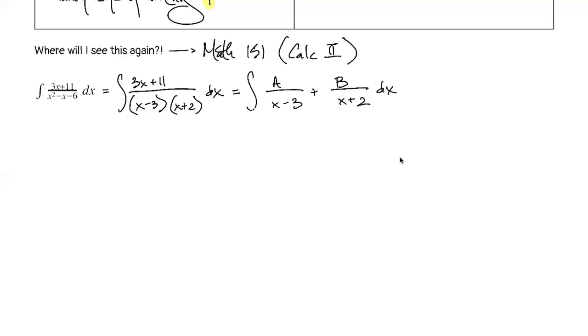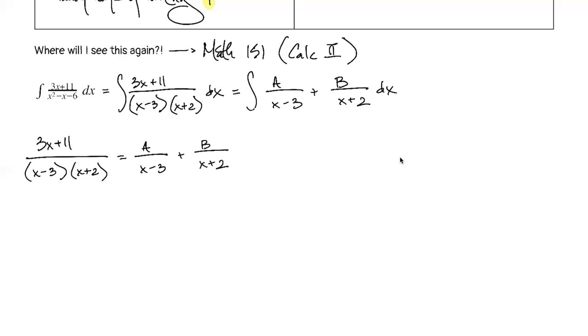And so then this is the part that we're going to focus on, which is how do we take 3x plus 11 over x minus 3 times x plus 2 and break it down into its partial fractions. A over x minus 3 plus b over x plus 2. Okay, so this step right here, like the word that follows this, is what we're going to focus on in our class.